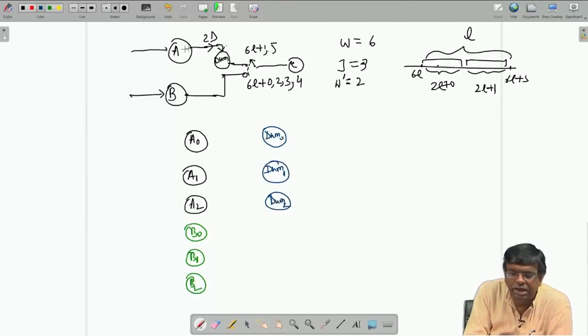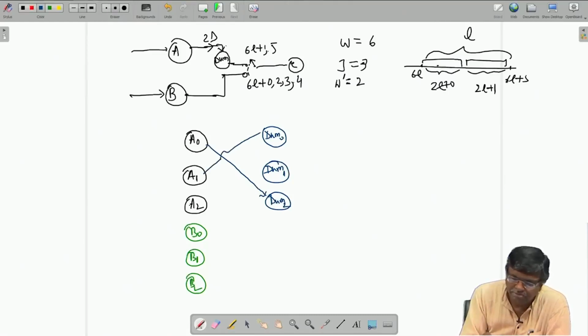First consider the edge A to DUM, there is no switch, it is a normal usual unfolding. A0 will now go to this one, under the same system cycle, no delay. A1 will go to this place with one system cycle delay, A2 will go to this with one system cycle delay, because 2D, all right, A2D to DUM.